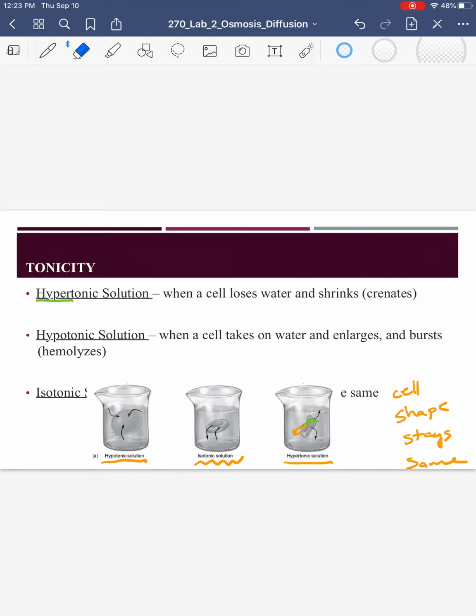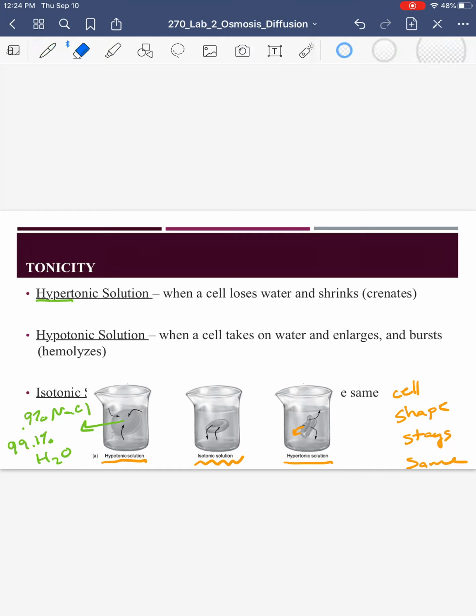You can't even read that. What we're going to find out in a minute is that inside of that red blood cell, it is 0.9% sodium chloride, and then the rest is water. So because of this, there's going to be some movement of salt. And the hyper prefix is referring to the salt concentration.